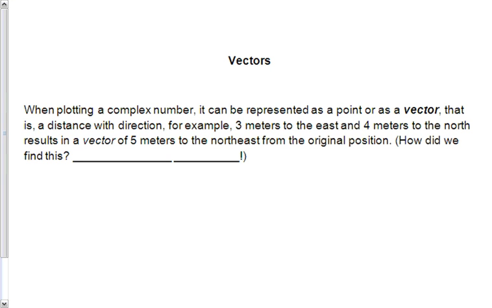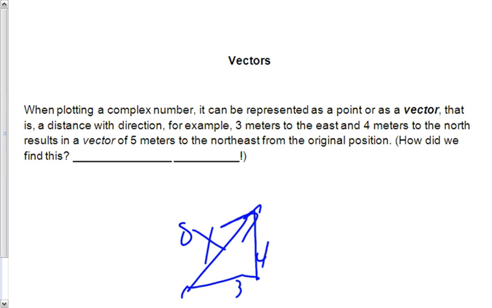Vector, because I have direction and magnitude. So, for example, if you go 3 meters this way and 4 meters north, how far did you go total? That's a 3, 4, 5 right triangle, so that's 5. So that's where I get the 5 from.